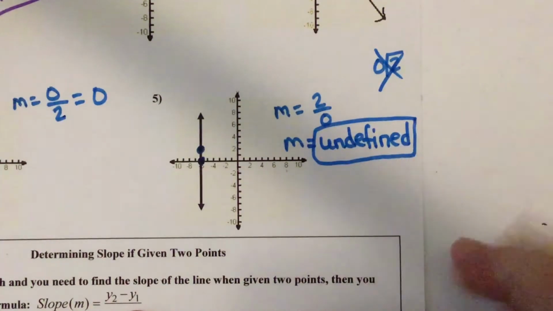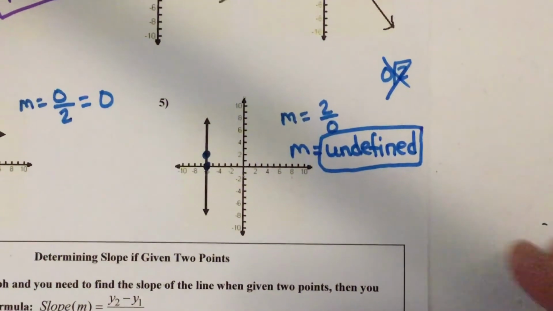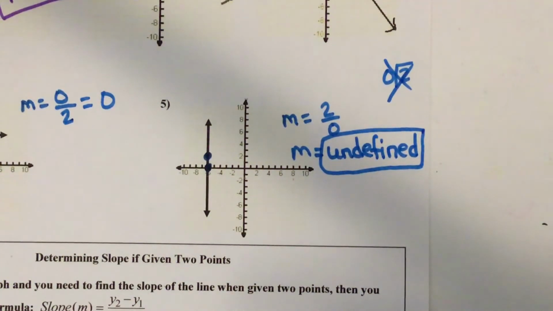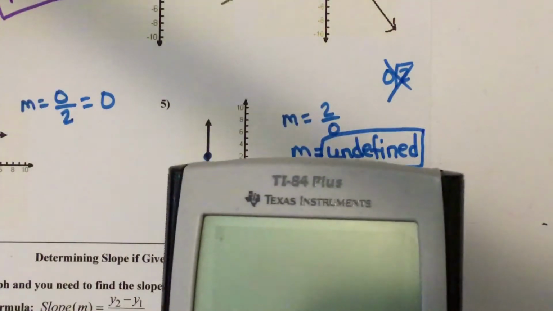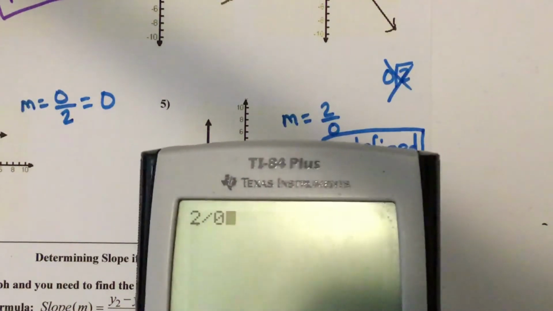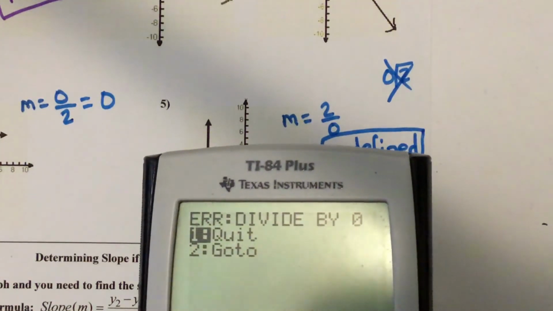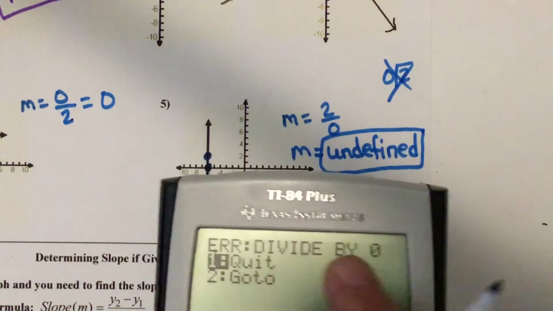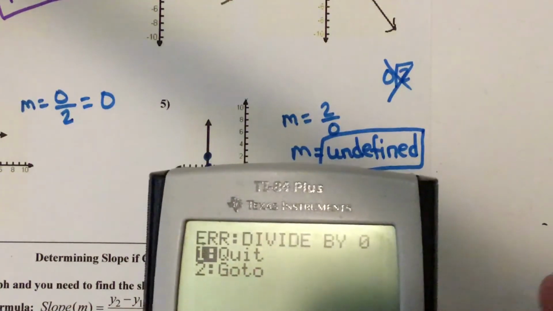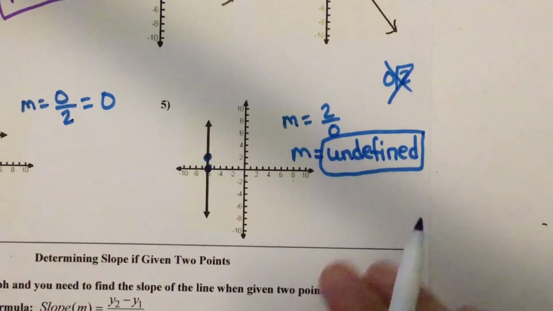So the slope of this line is undefined. And if I was to use my calculator, I would put in 2 divided by 0, and you get this error message saying that you can't divide by 0. So that error message means undefined.